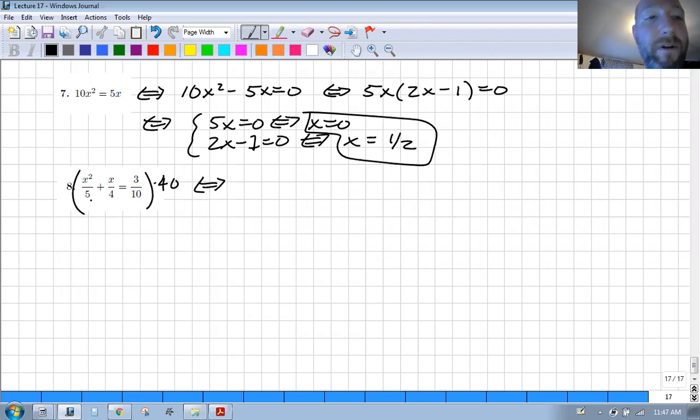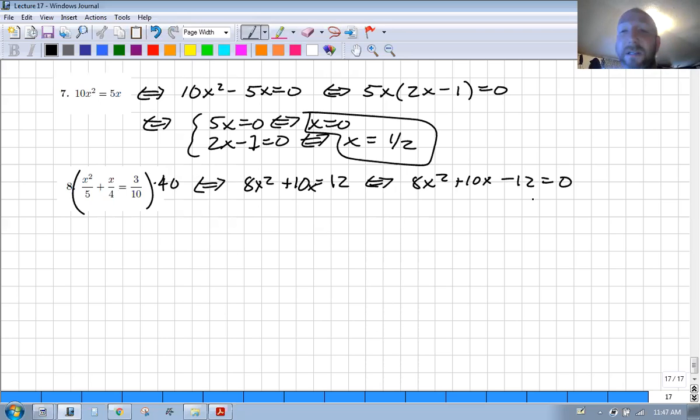That'll get rid of all the fractions. 40 divided by 5 is 8. So I have an 8x squared. 40 divided by 4 is 10. So I got a 10x. And then 40 over 10 is 4 times 3 is 12. So let's move this 12. Oh, I'm missing an x. There's an x goes right there. Let's move this 12 over.